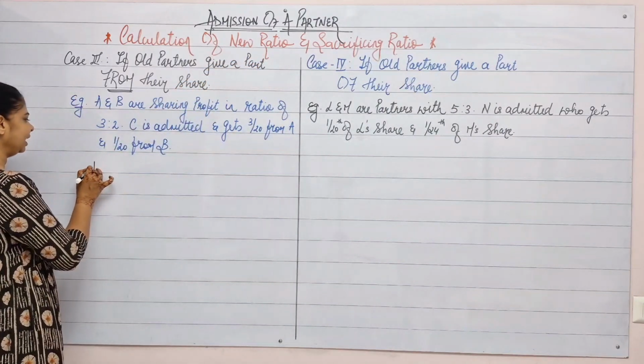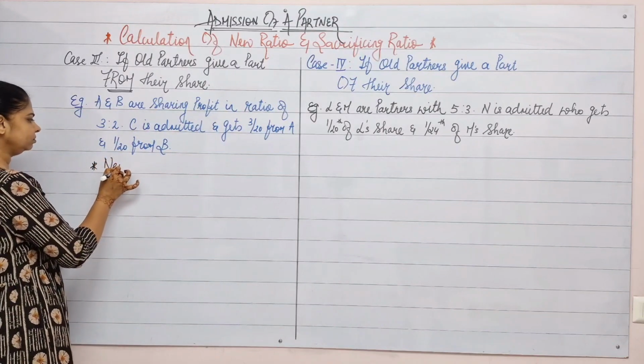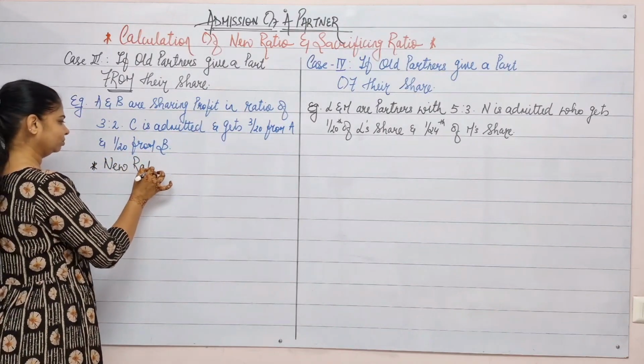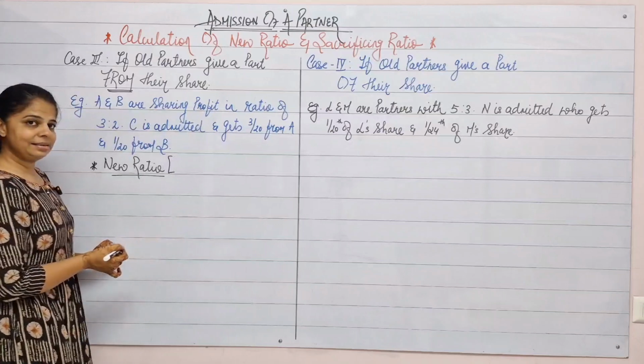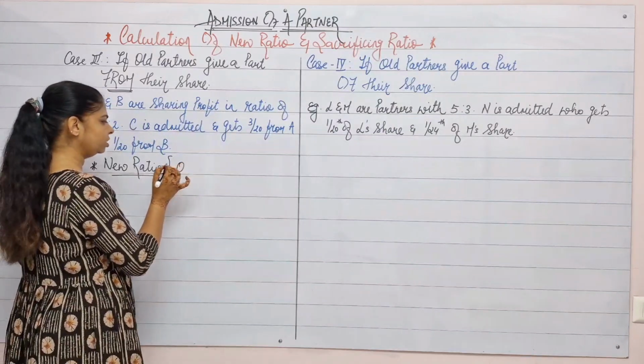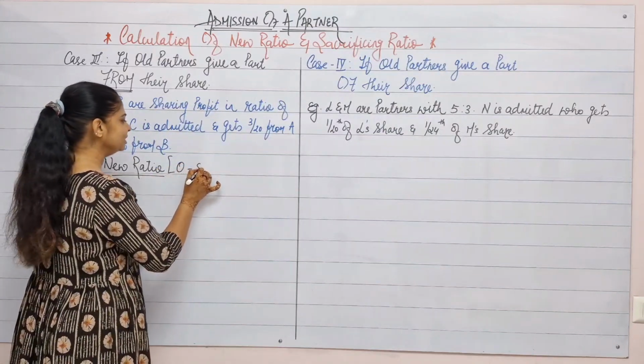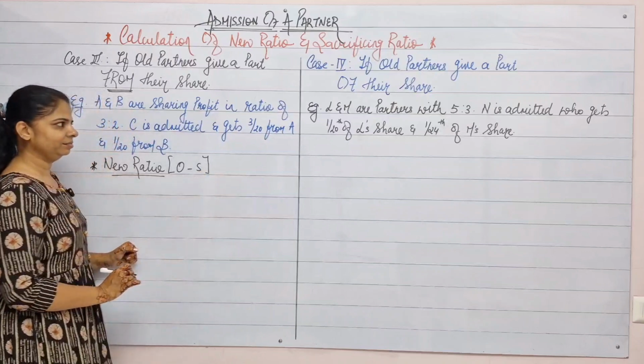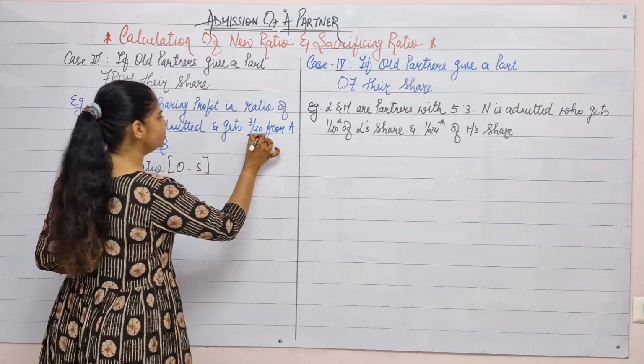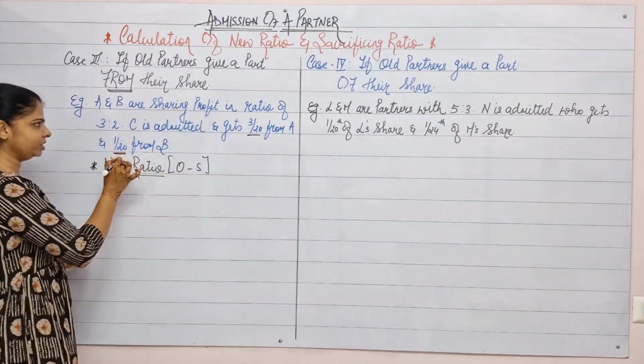Now, first of all, calculating new ratio. New ratio here simply will be calculated based on old share minus their sacrificing share. See, their sacrificing shares are given in the question.